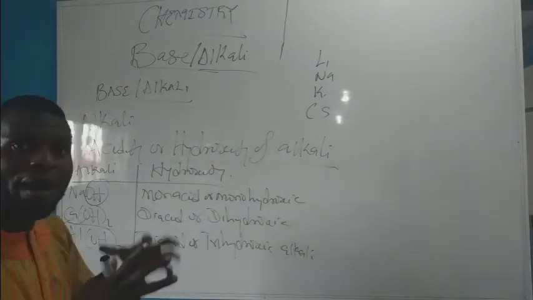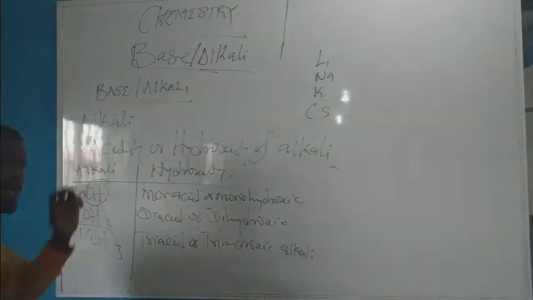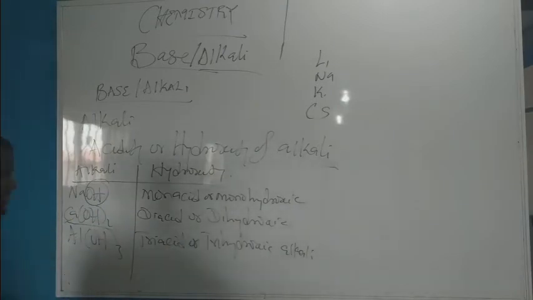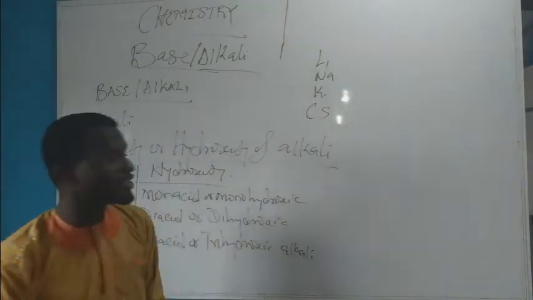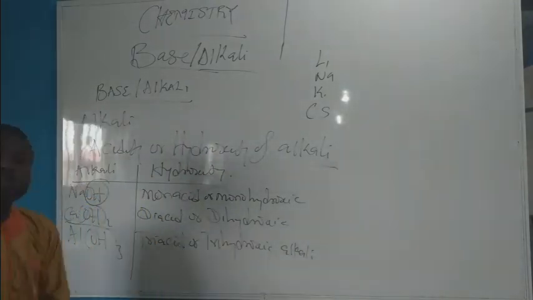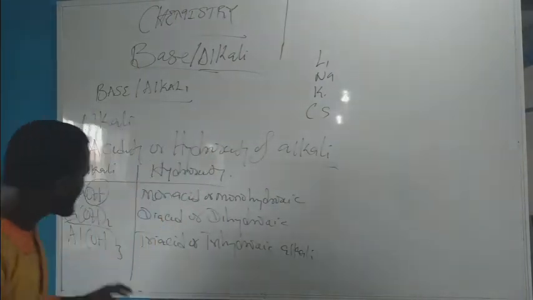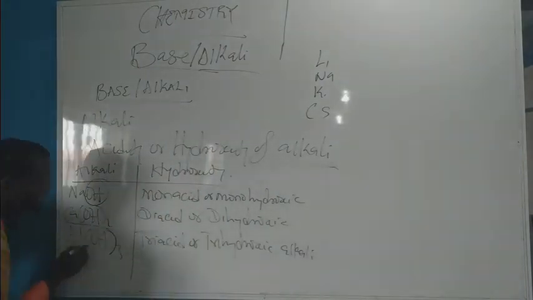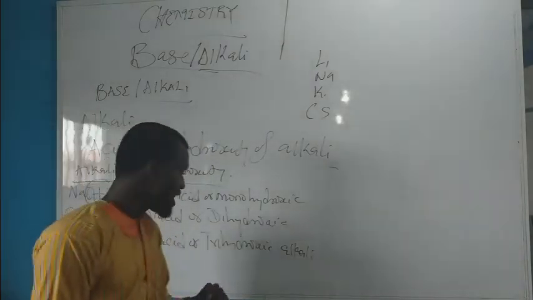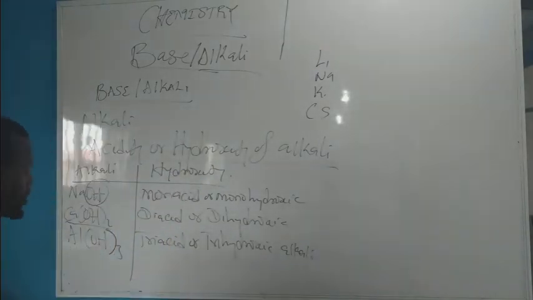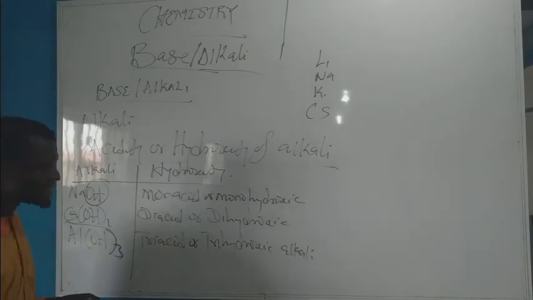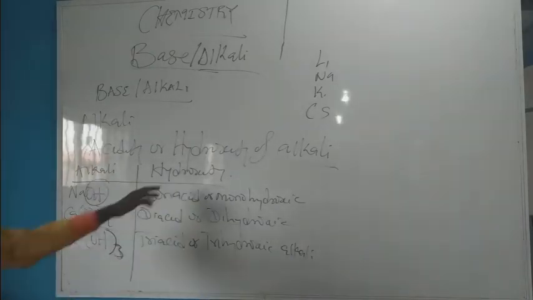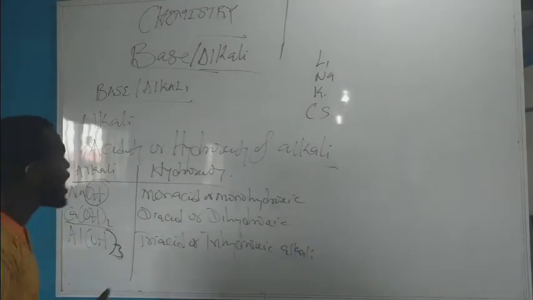You can have the OH in parentheses and 2 written outside and below to the right of the parentheses. Then we have aluminium hydroxide regarded as triacid or trihydrosic alkaline. This is so named by virtue of the fact that it would liberate 3 hydroxide ions in water. As a consequence, it is called triacid or trihydrosic what? Alkaline. As you can see in the subscript written below and to the right of the parentheses. So that is called hydrosity or acidity of alkaline.